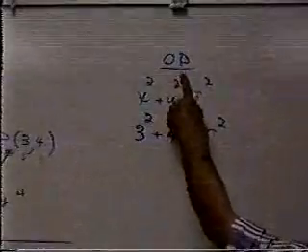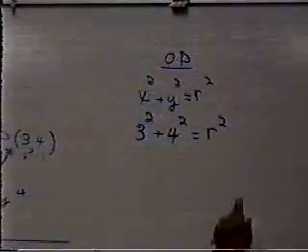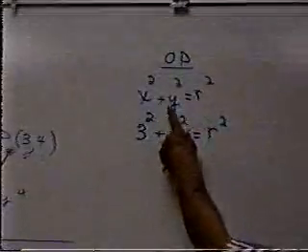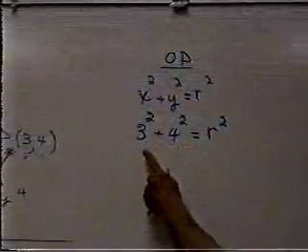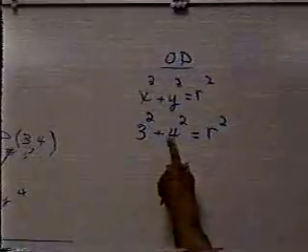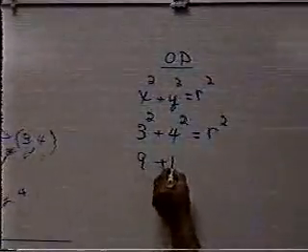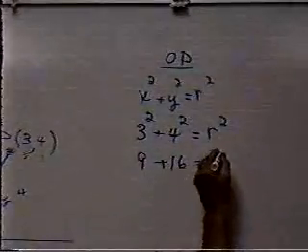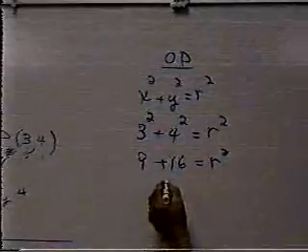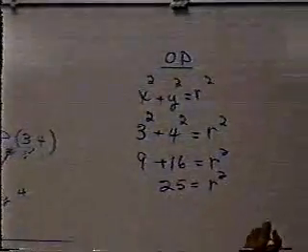The distance OP is equal to r, and r squared is equal to x squared plus y squared. Well, x was 3 and y was 4, so we have 3 squared, which is 9, plus 4 squared, which is 16, which is r squared. And we add that and we get 25. So r squared is 25.